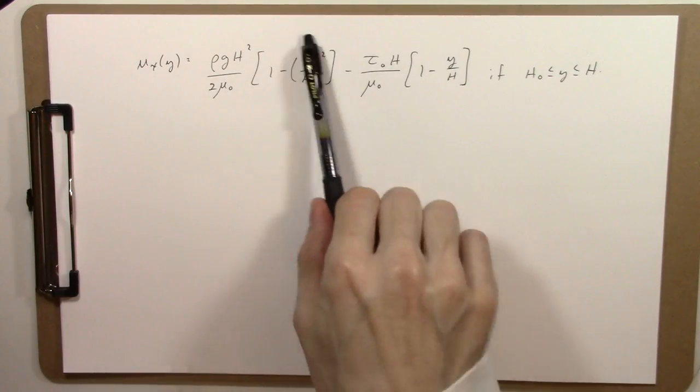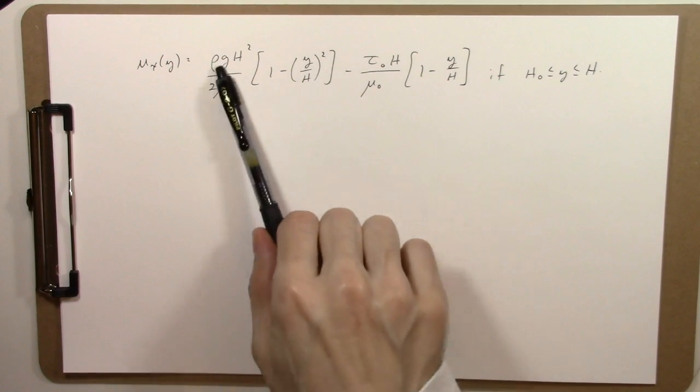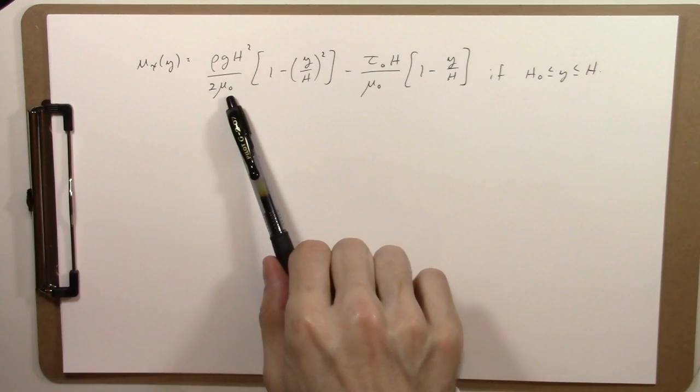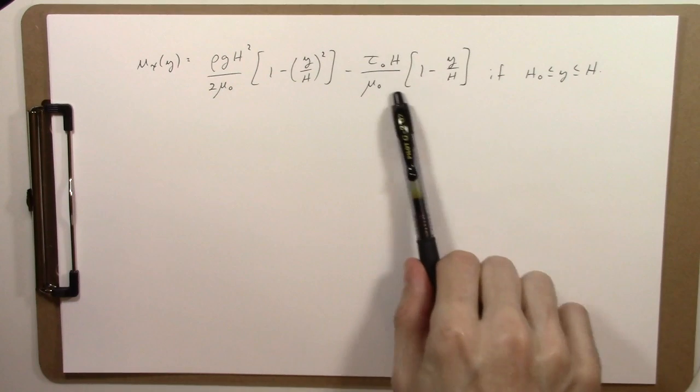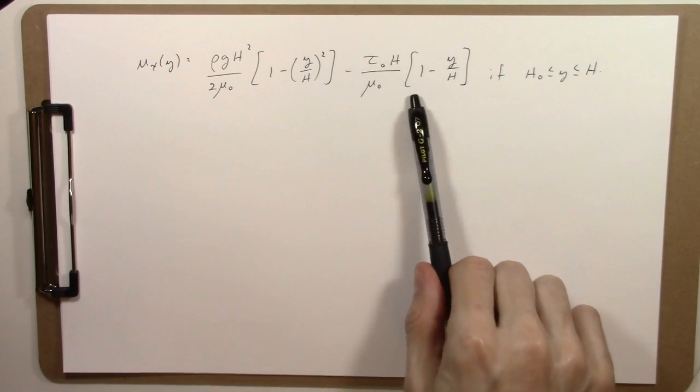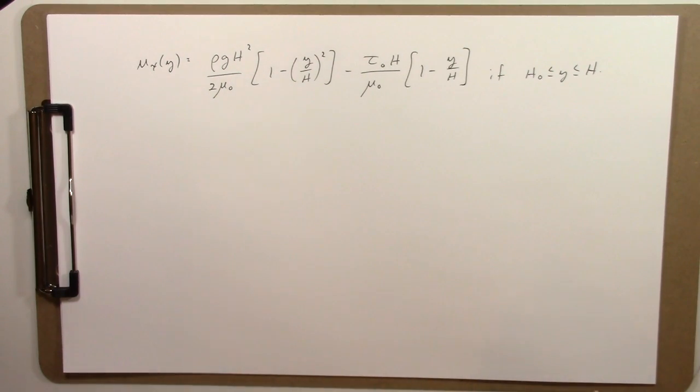This part looks like the regular flow of a Newtonian liquid down a vertical wall. The viscosity is mu naught, and this part here is the extra effect from the yield stress from the non-Newtonian behavior.